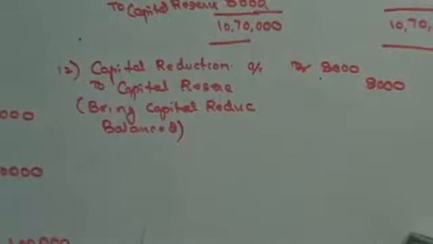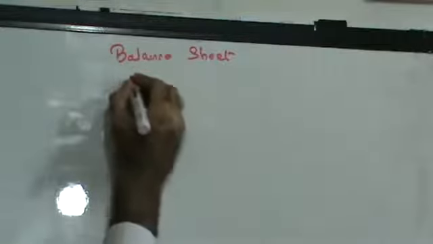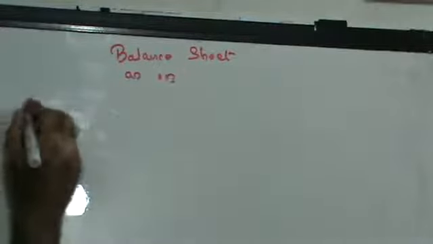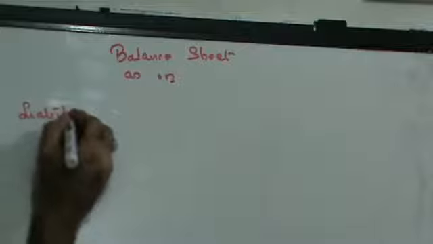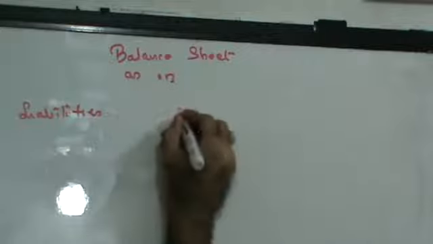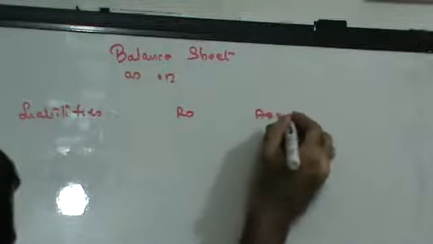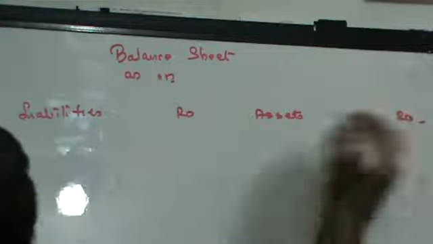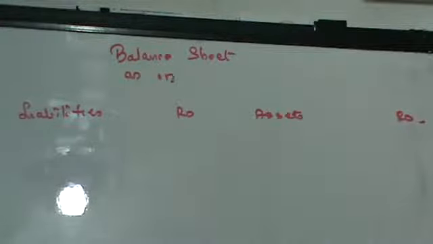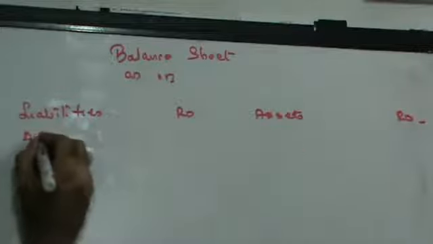Right? Let's make a balance sheet for this, guys. Balance sheet as on. Liabilities, rupees. Assets, rupees. First you are going to have authorized share capital.